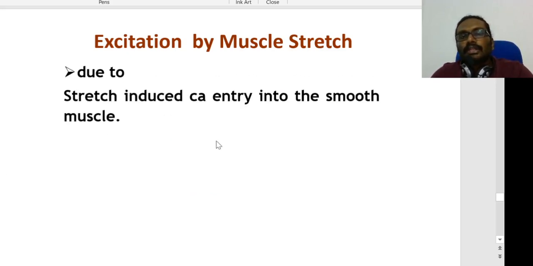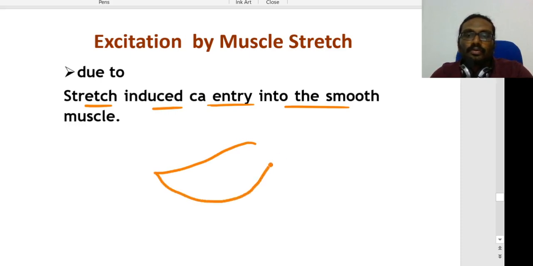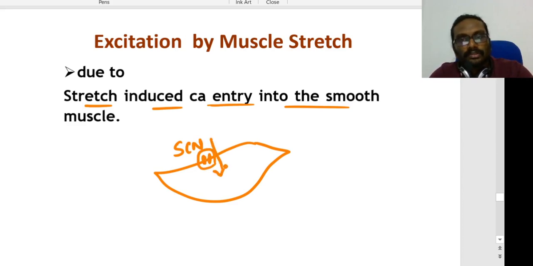Because whenever there is a stretch, there are stretch induced channels. On smooth muscles, you have specialized channels. They are called stretch channels. You may see them called SCN, stretch channels. When stretch occurs, these channels are activated and they will allow calcium to get into the cell.